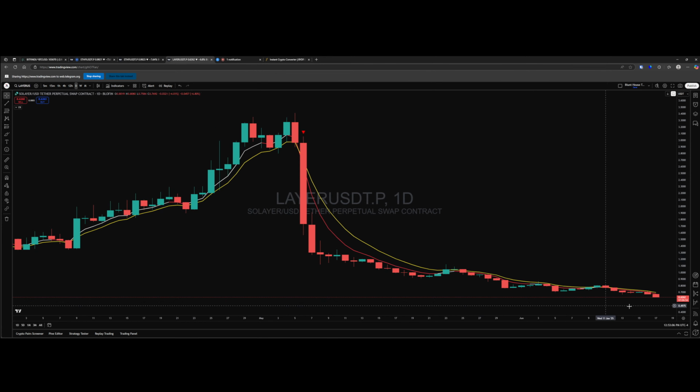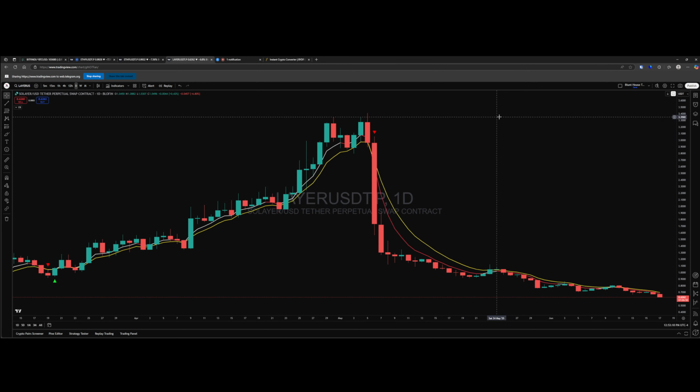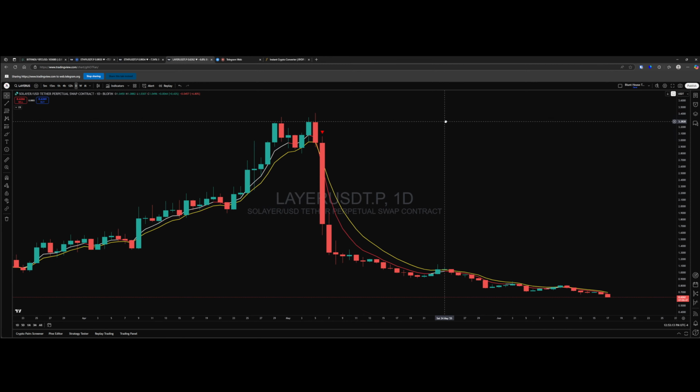Even now, this is still in a downtrend, and it looks like it might want to pick up speed. And there are people, I guarantee you, there are traders that have blown their accounts trying to long this thing.